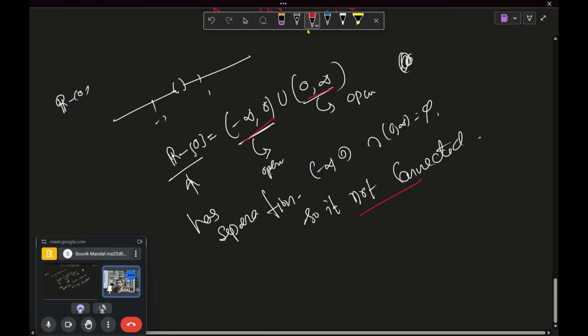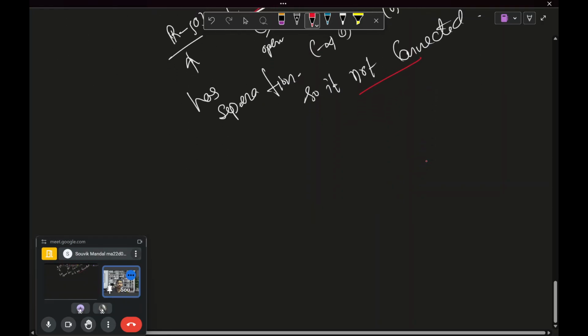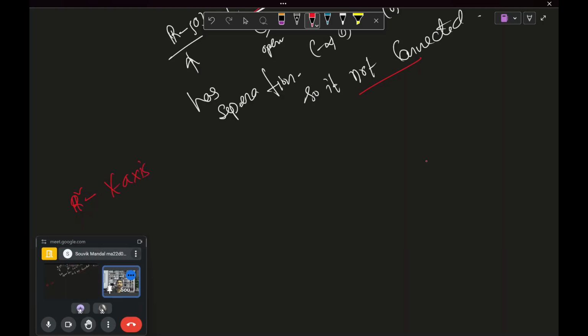Okay. So suppose we consider R2 minus the x-axis. So this is R2 and this thing is our x-axis.